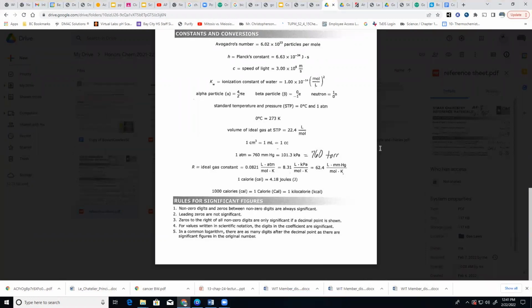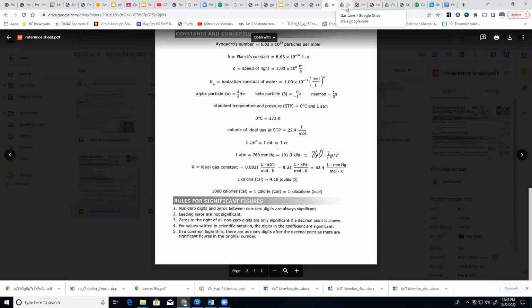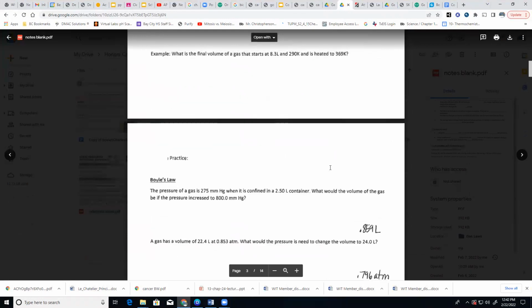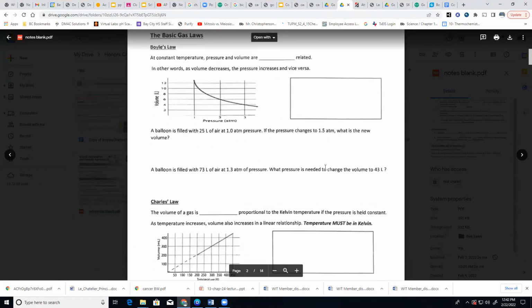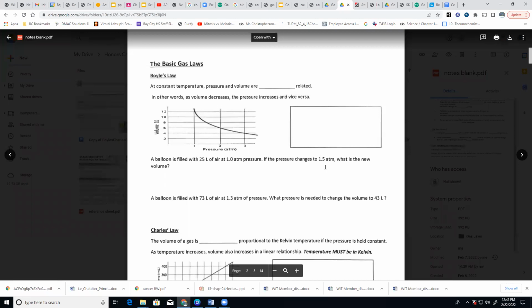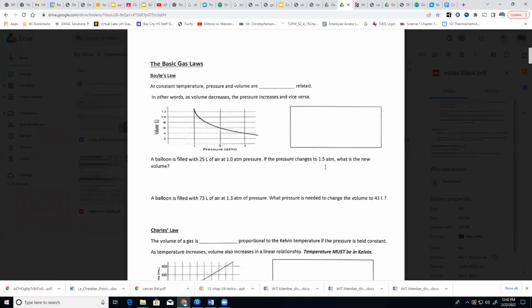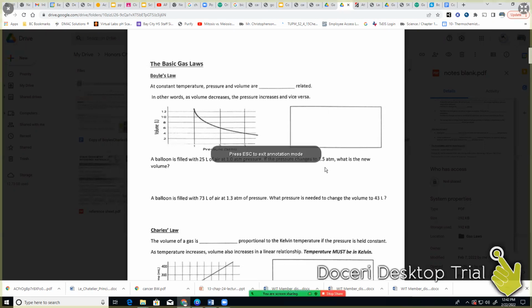All right. Let's look at our notes. All right. So first one is Boyle's law, and looking at pressure and volume. The temperature is held constant. If something's held constant, that means it's just not part of the formula. If the temperatures are constant, it would be the same on both sides.